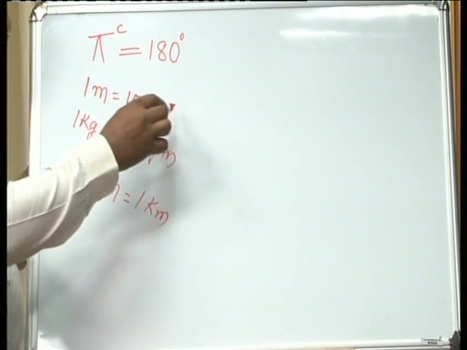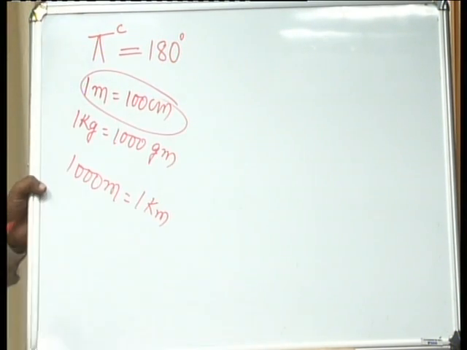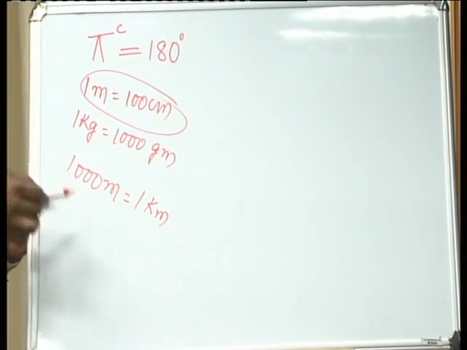So, if you know this relation, suppose length is given in centimeter, you can convert it into meter if you want. If the length is given in meter, you can convert that into centimeter. By using a dimensional equation, these sorts of possibilities are possible.